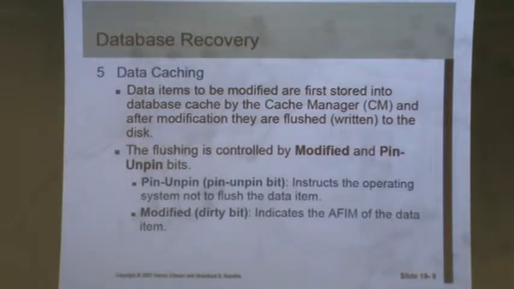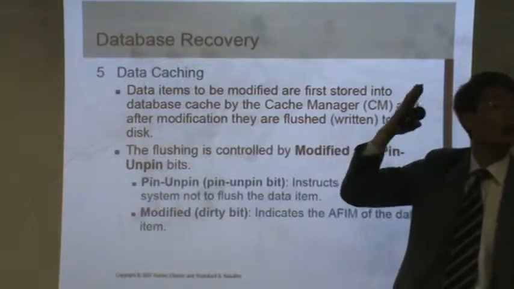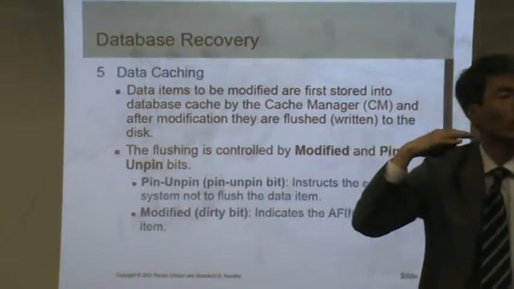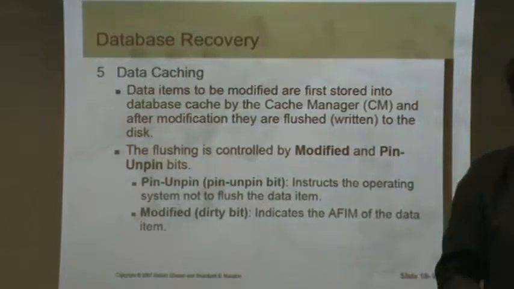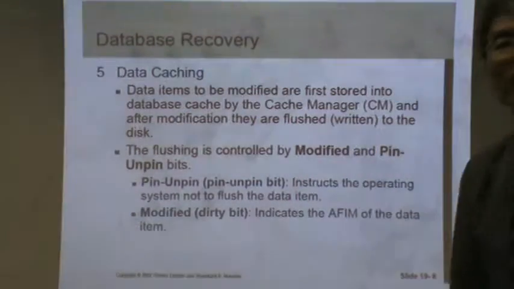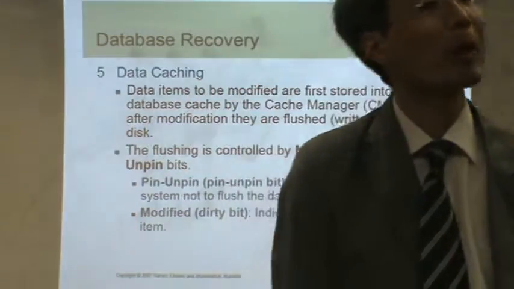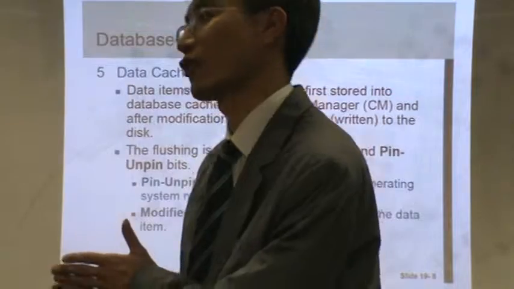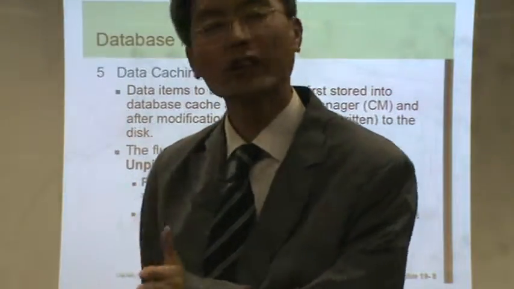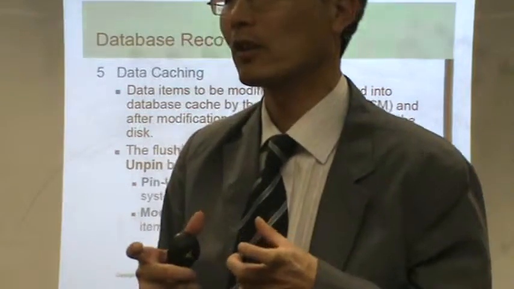So instead of accessing the hard disk drive itself, we can get the same data from the memory. That's the idea of the cache, any types of cache, like the memory. How many percent of the data can be read from memory compared to the hard disk drive? If you read 100 blocks, how many of them can be read from the memory?